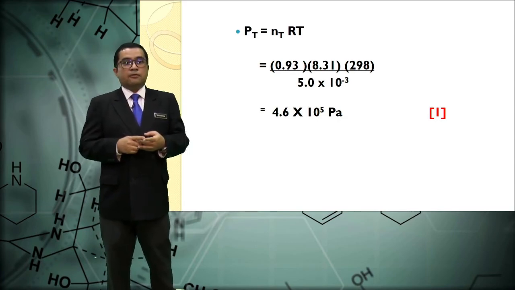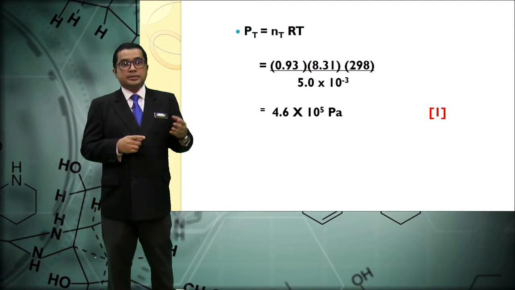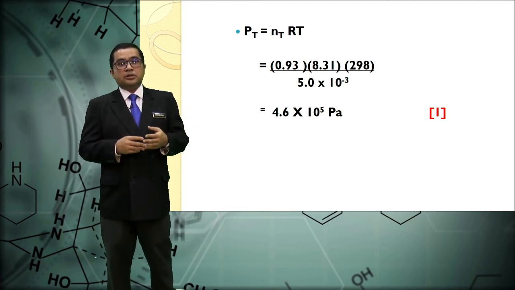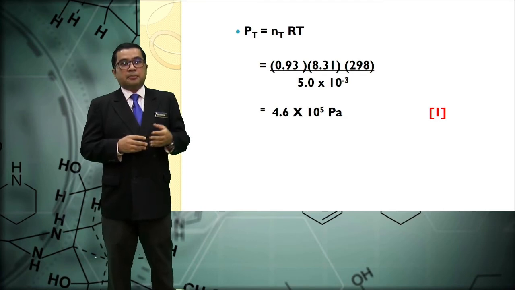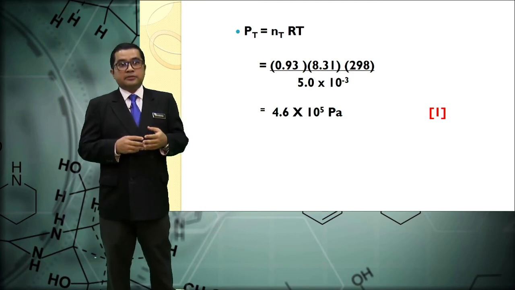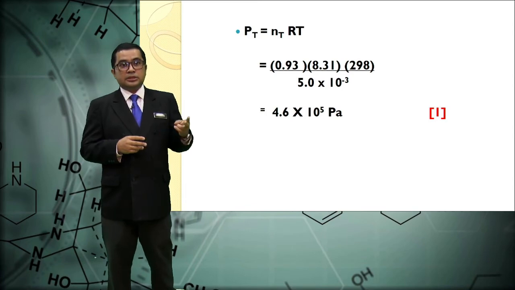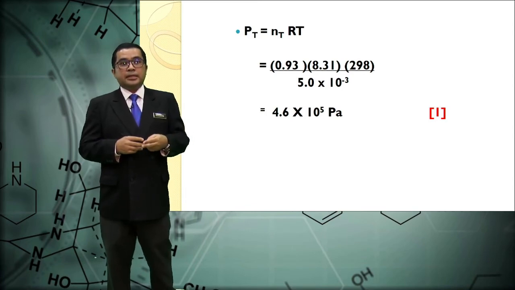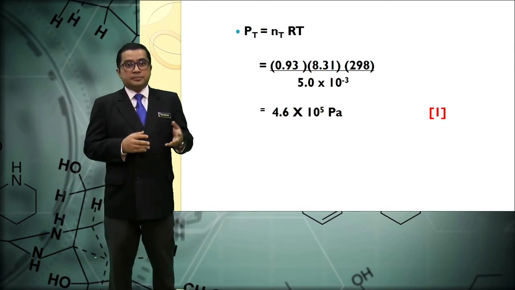The answer is 4.6 to the power of 5 Pascal. So you must give the correct unit of pressure, which is Pascal, and the correct significant figure, which is 2 significant figures, by looking at the significant figures in the question. Okay, we go to the next one.